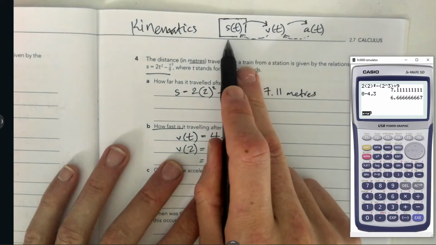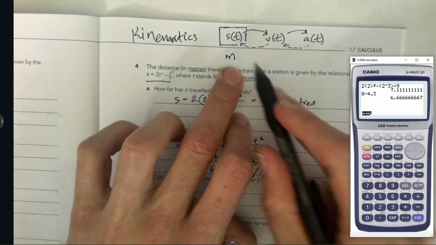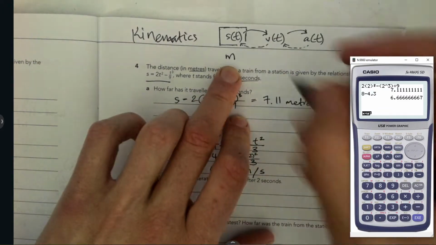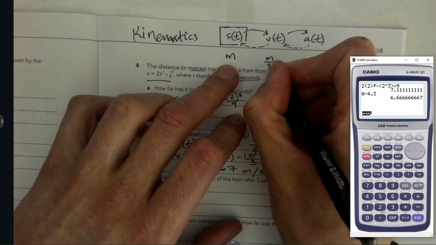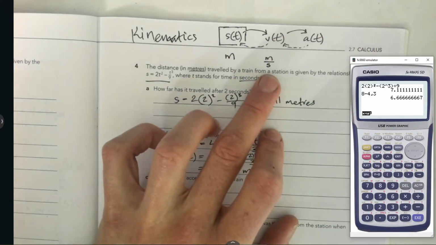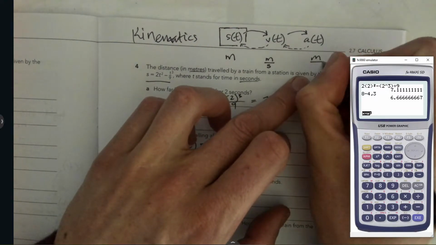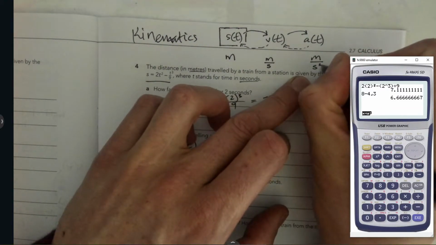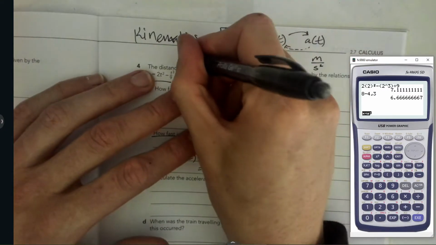Well, if this is in meters, right, when we differentiate, it's going to become m over s. It becomes meters per second, and then when we differentiate again, it becomes meters over seconds squared. So these will be our units.